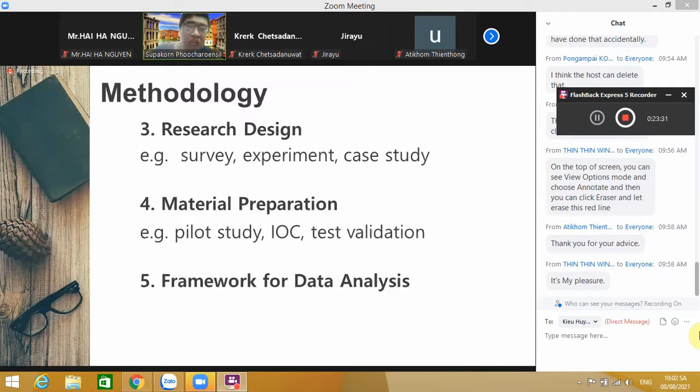And you have to state what research design you are using. Is it survey, experiment, case study, or whatsoever? Material preparation, number 4 and number 2 go together, right? Pilot study, you should have some pilot study. IOC, test validation, and then framework for data analysis. What are the frameworks that you are following, right? Have you followed any? Because usually when we talk about framework, you can adopt the previous studies' framework, or maybe you can adapt, or you can make a combination.